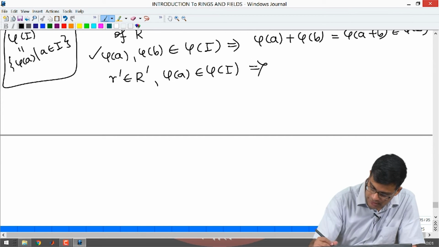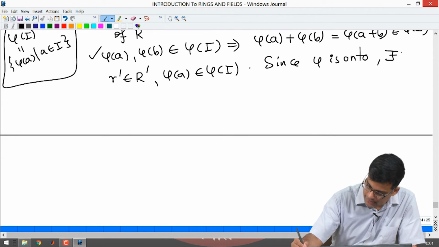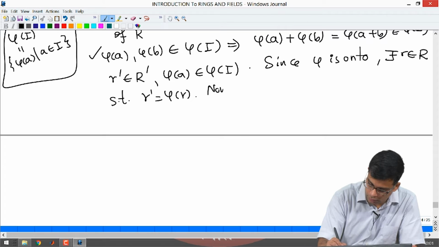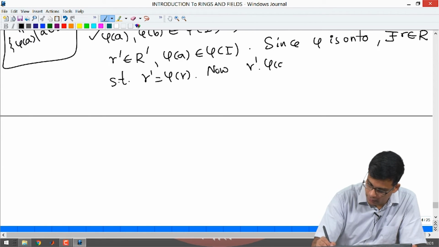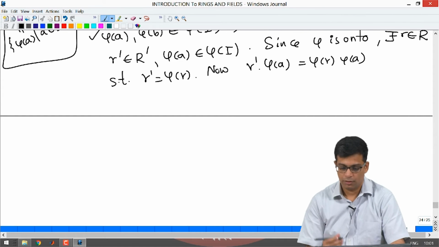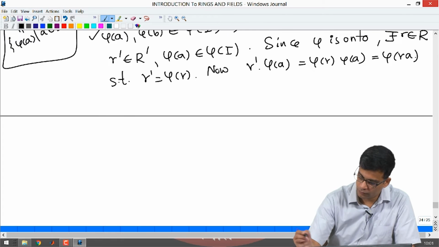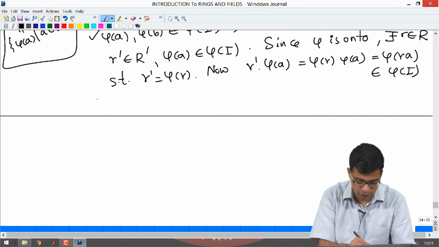But since phi is onto, there exists R in R such that R prime is phi R. Now, R prime times phi of A is phi R times phi of A, because R prime is phi R. This is phi of R A, and this is in phi of I. So, phi of I is an ideal.